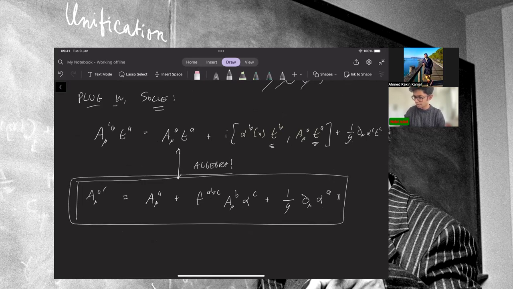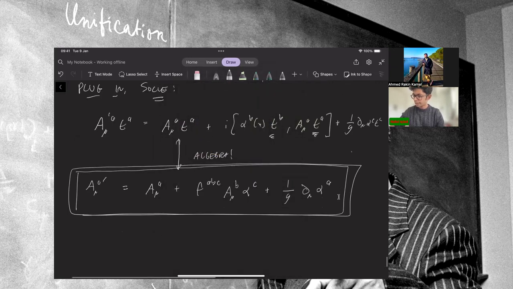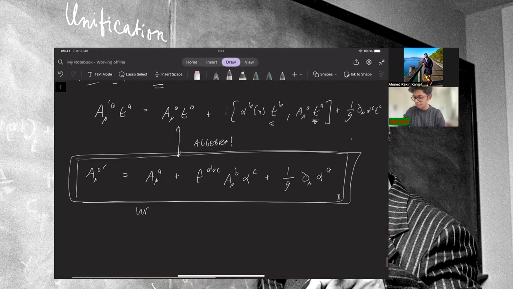Okay. And so this is the infinitesimal non-abelian gauge transformation.